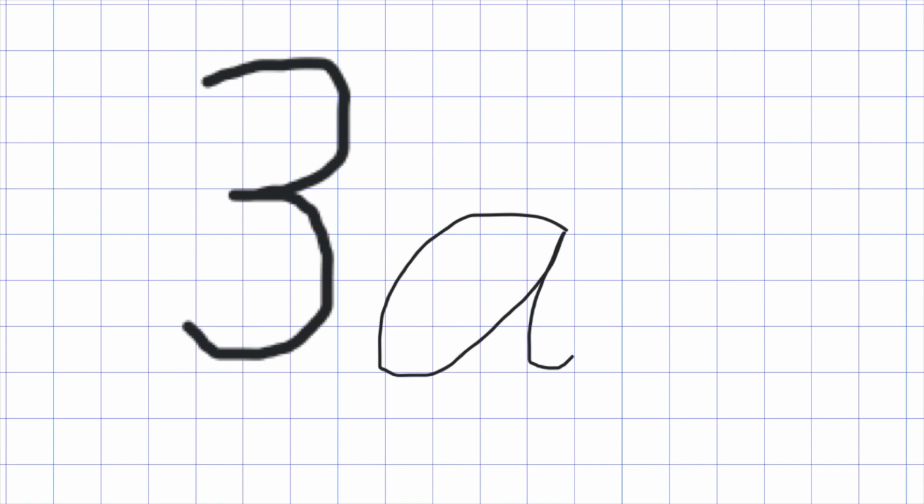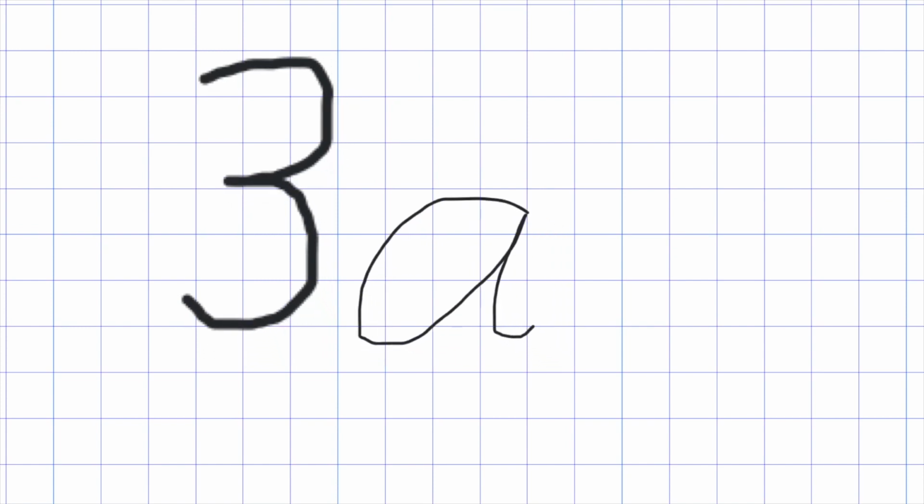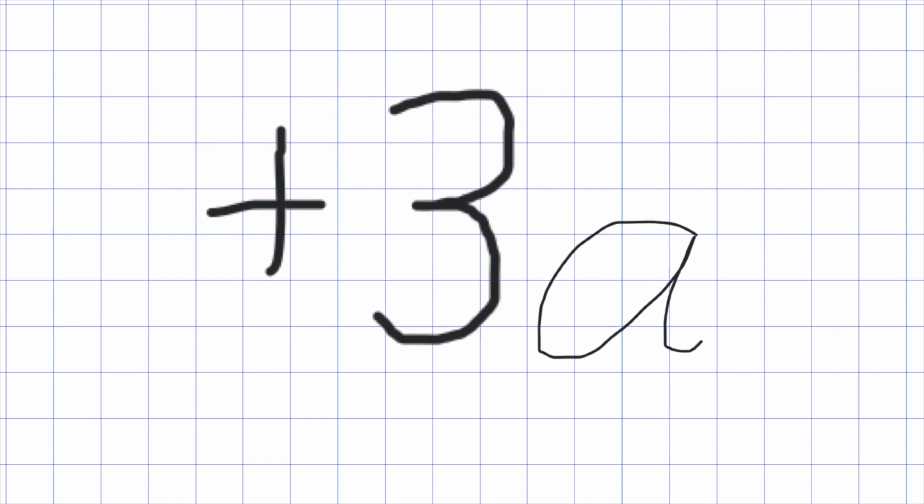Now that we've written these two symbols together, we actually start to move on to our next stage and we start to build further on what we've been doing. Now, by default, again, remember mathematicians love that term, by default, our 3a without any symbol in front of it is in fact positive 3a. And when written all together like this, we actually refer to this as the term. Now, if this term is written right at the start, it's the first thing you write, you don't technically need to write the positive symbol there.